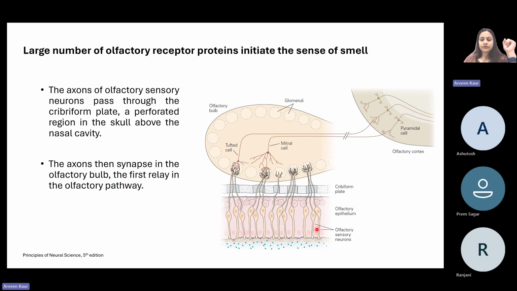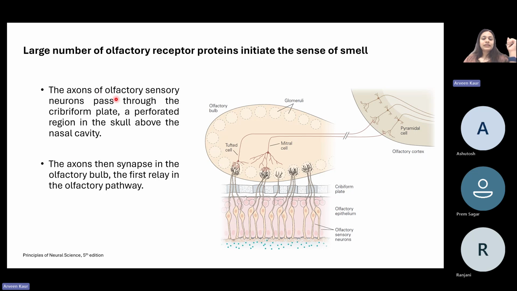So over here, these bipolar neurons are basically going across this cribriform plate, which is a bone over here, right? And into the olfactory bulb, which is a part of the brain itself, and they are going into this glomeruli-like structure, wherein they are synapsing with the tufted cells and the mitral cells, which are further carrying this information to the olfactory cortex in the brain.